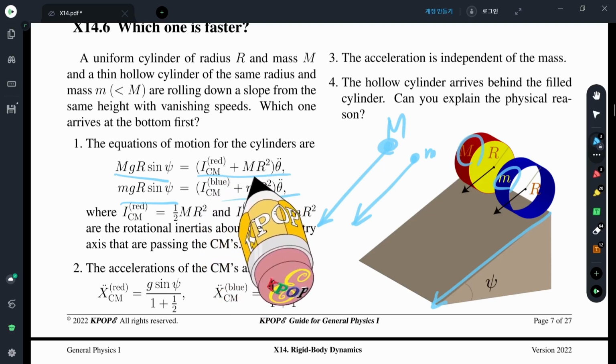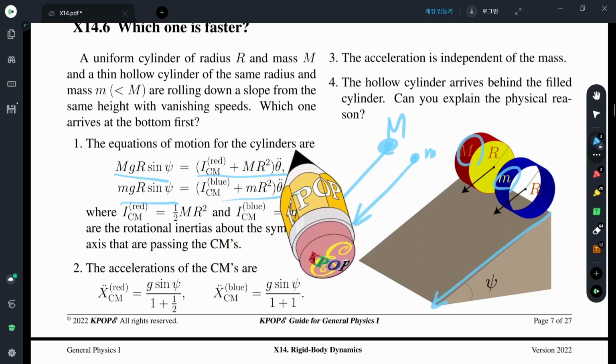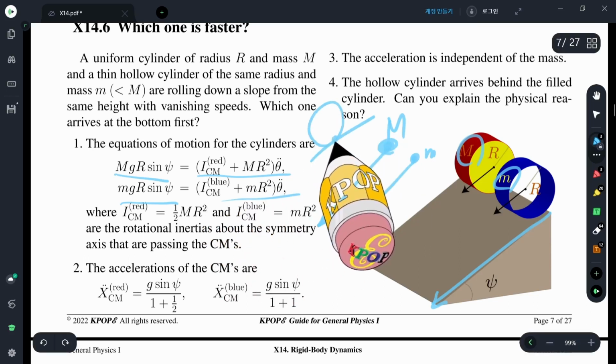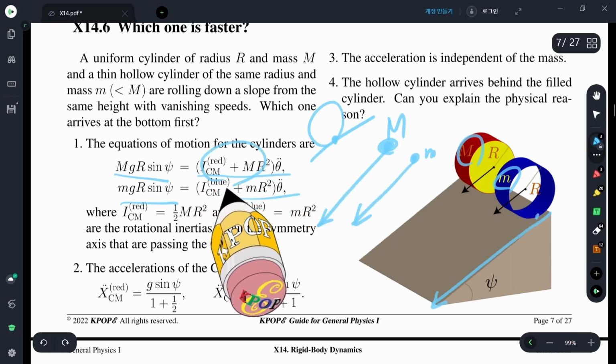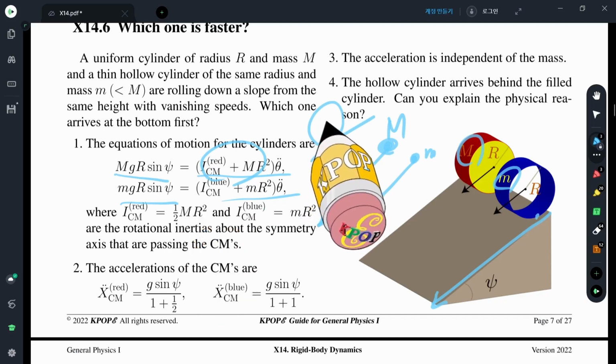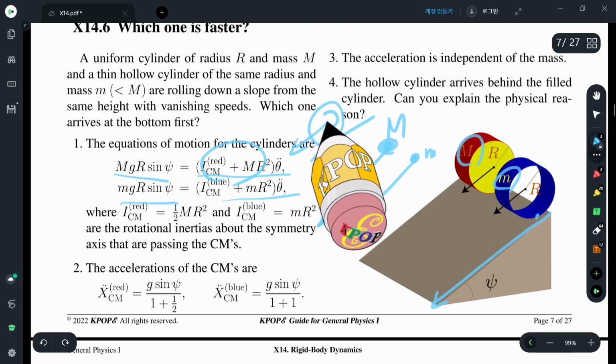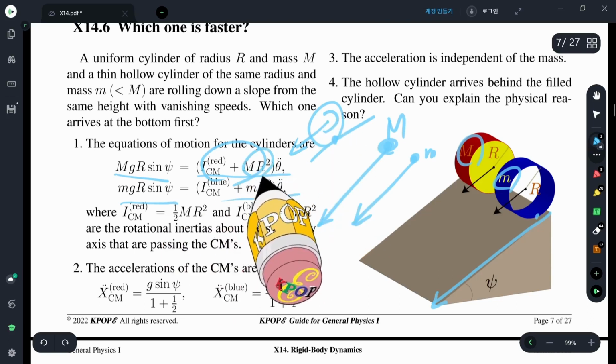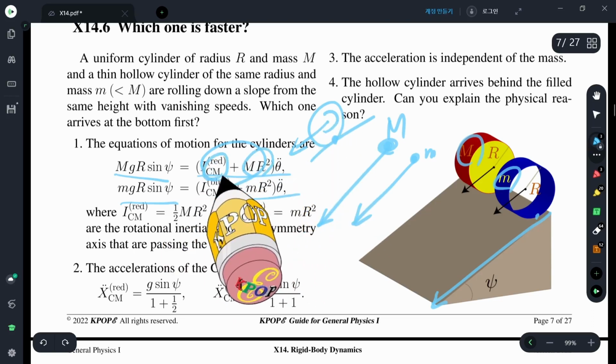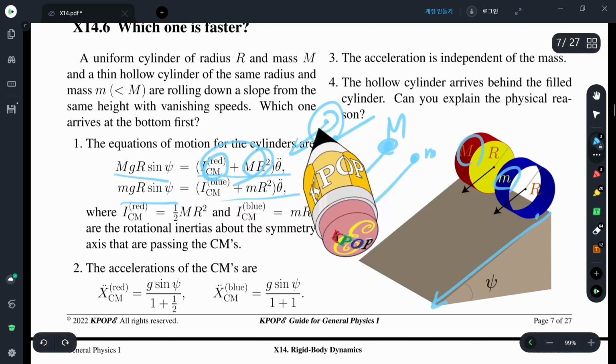And the moment of inertia, in case we describe the system as the rotation about the bottom point, is the rotational inertia. And if we divide into two pieces, this is the translational motion, and this is the rotational motion about the center of mass.